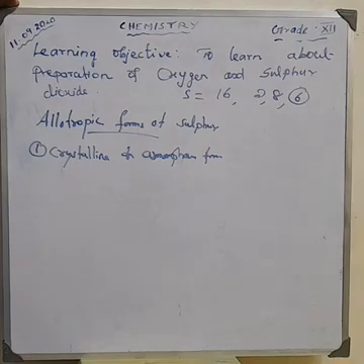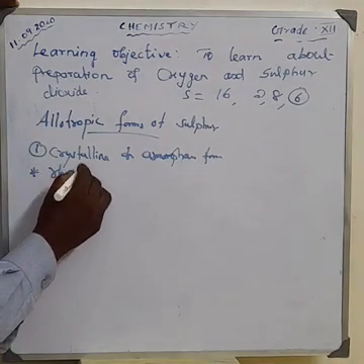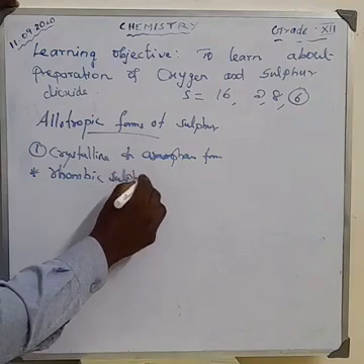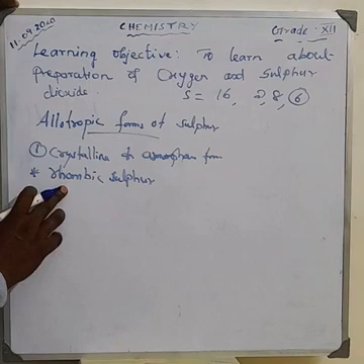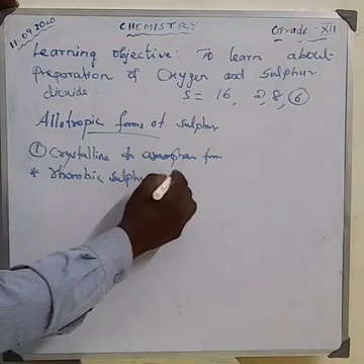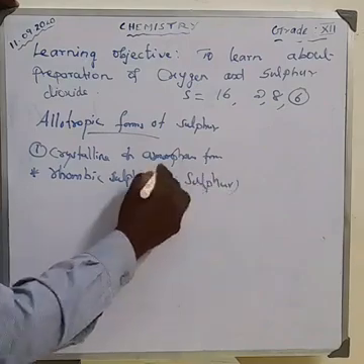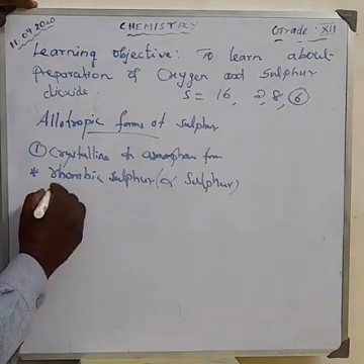The crystalline form includes rhombic sulfur, otherwise called alpha sulfur, and also monoclinic sulfur, that is called beta sulfur.